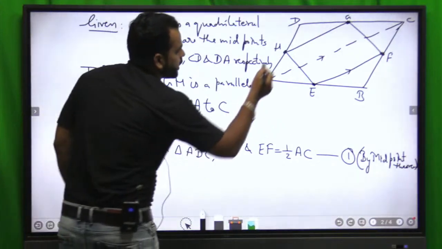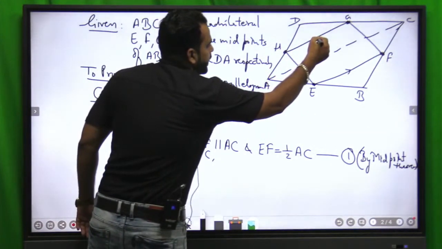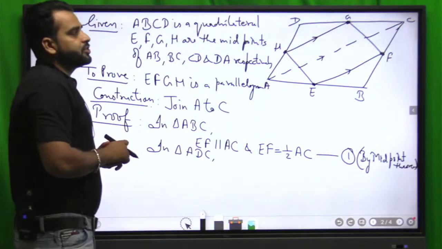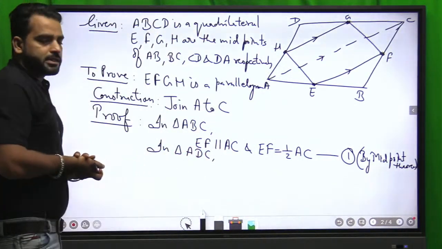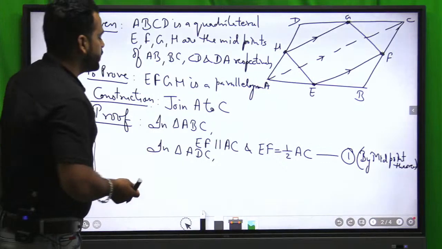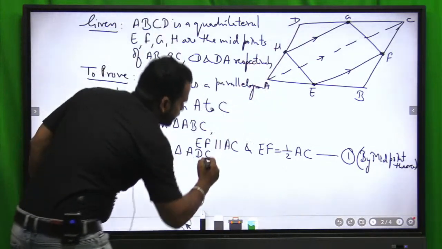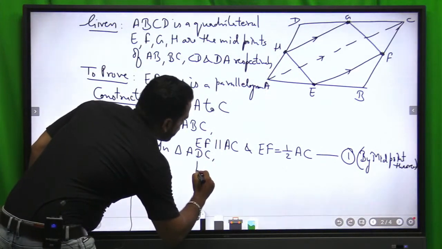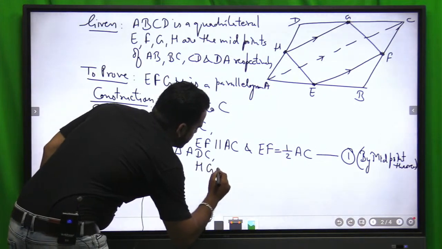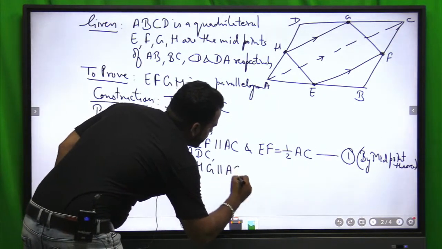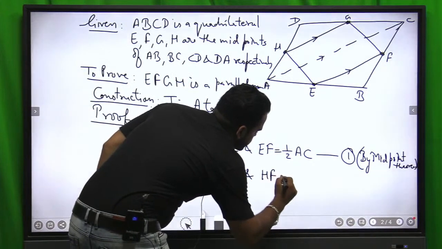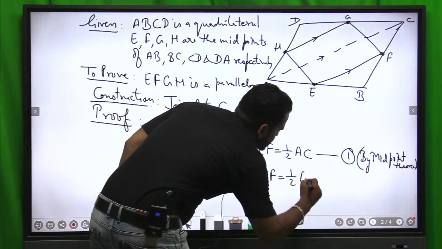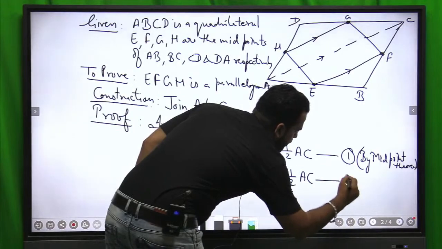So this side GH is also parallel to and half of the side AC by the midpoint theorem only. So we write HG is parallel to AC, and HG is also half of AC, by the same midpoint theorem.